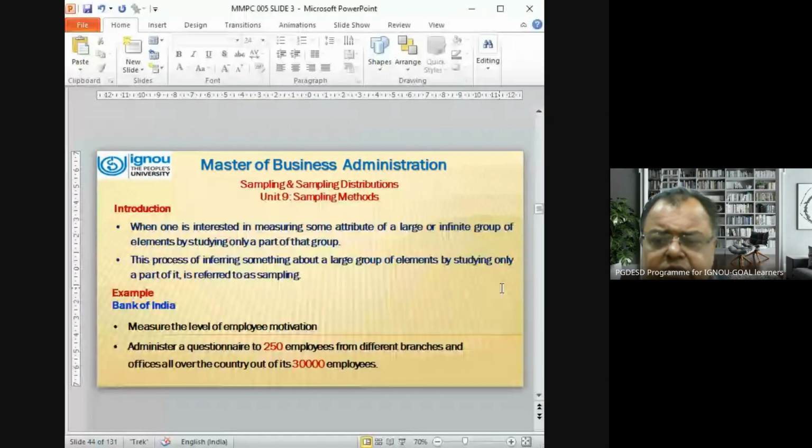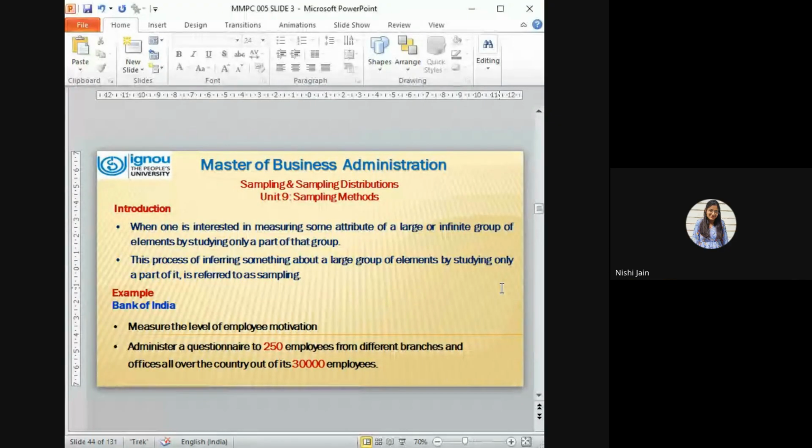Suppose now we take up an example of a bank. Now the question arises, bank for what? We take up an example of Bank of India. Is the slide visible to you? Yes, sir.